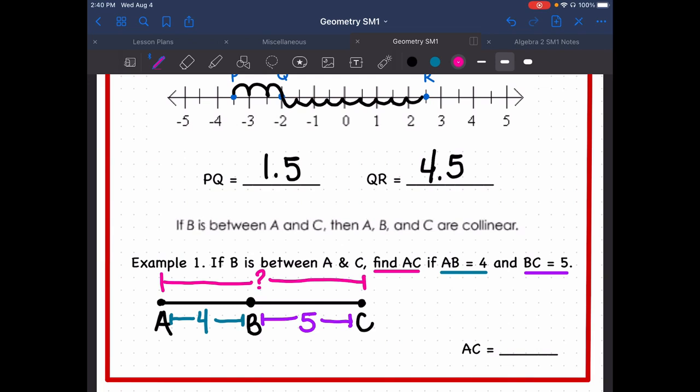How long is that? To get that pink across the top, I need the blue and I need the purple. So all I have to do is add 4 plus 5, and my length is 9.